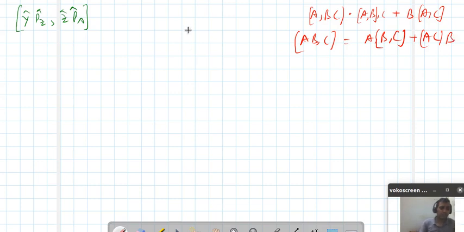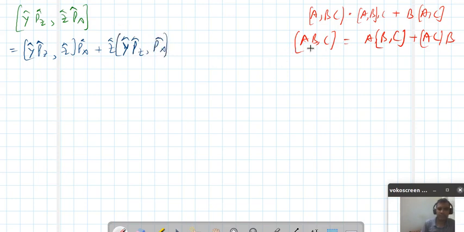So let me simplify this, and this can be simplified as y pz comma z px plus z times the commutator of y pz comma px, right? So here I use this particular relationship, and then I will use this relationship for the simplification of this.